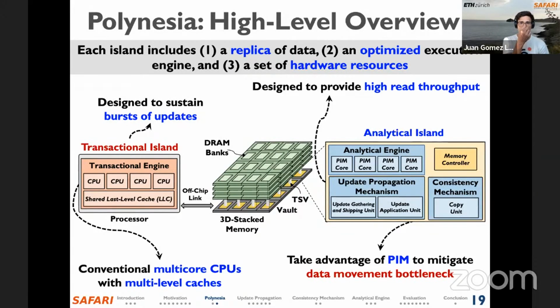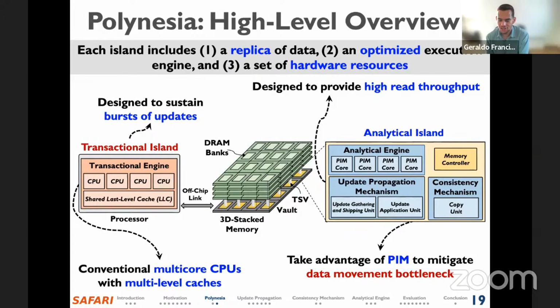Okay, related to this update propagation mechanism, you presented the update gathering and shipping unit and the update application unit, and if I'm not wrong, both of them use a hash lookup unit and a merge unit. So the question is, are these two functions sharing the same units, or are they replicated?